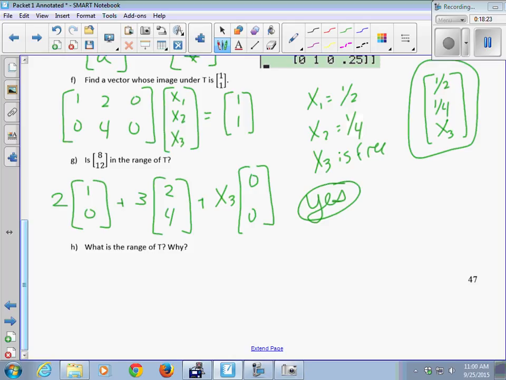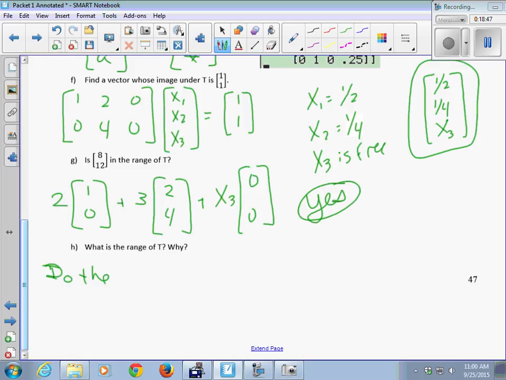I've asked you this question before, just in a different way, right? If you can get every possible B as a solution to AX equals B, we said that the columns of the matrix span R2.